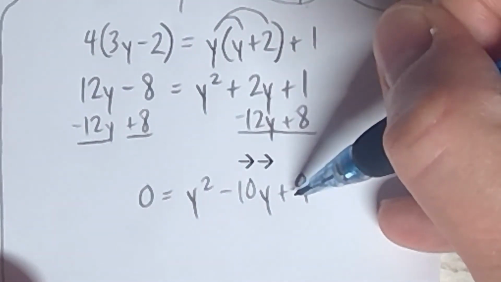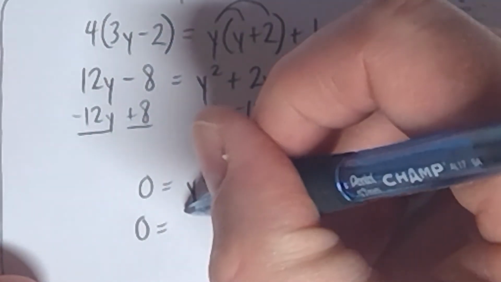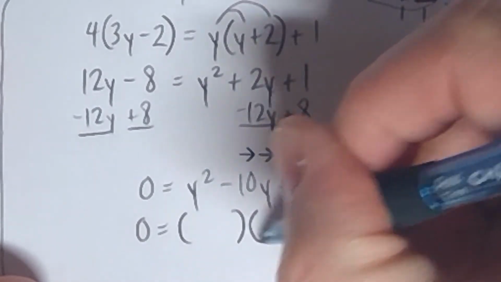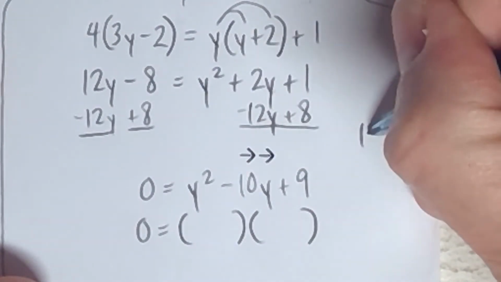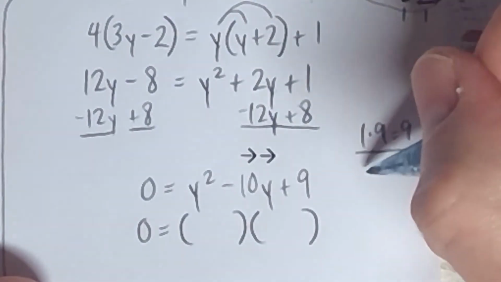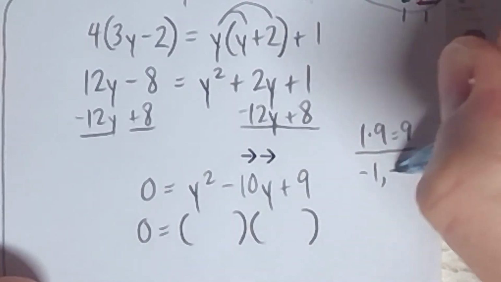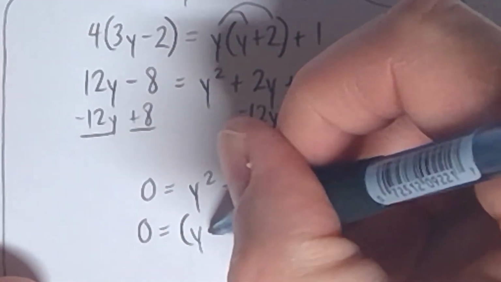And then we try to factor that. If it doesn't factor, then you can fall back on the quadratic formula as another option. But this does factor. The Berry method tells me that since 1 times 9 is 9, and since we needed to add up to the negative 10 in the middle there, the two numbers that I'm going to use are negative 1 and negative 9.